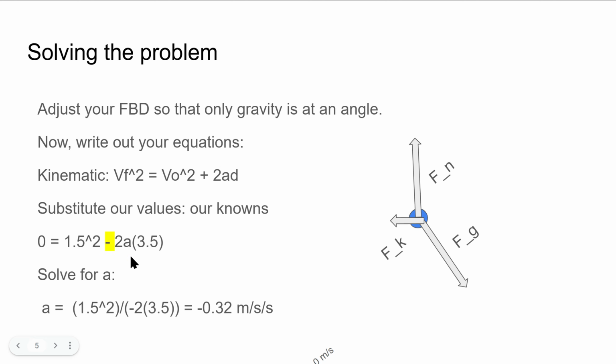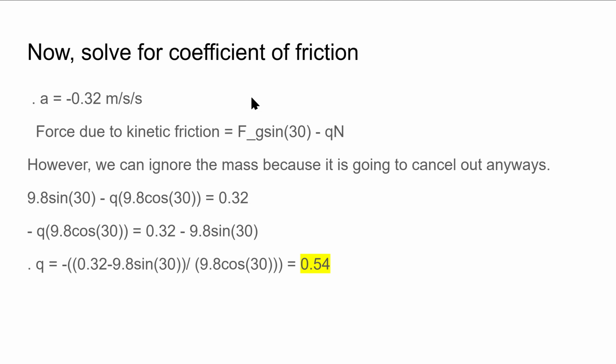And it's always a good idea to keep track of your units, but for simplicity, I just decided not to. That is not a good idea. But anyways, so then you rearrange this equation to solve for a, and I got negative 0.32 meters per second squared, which tracks.